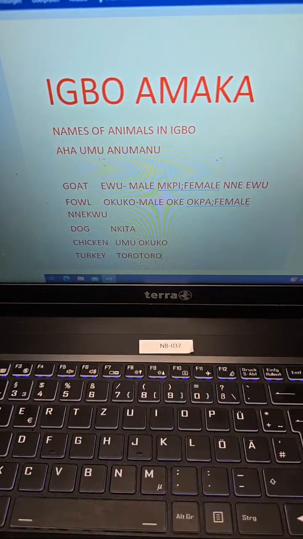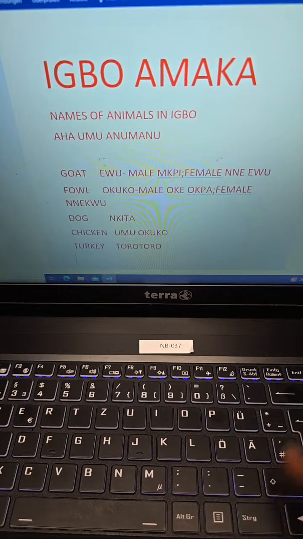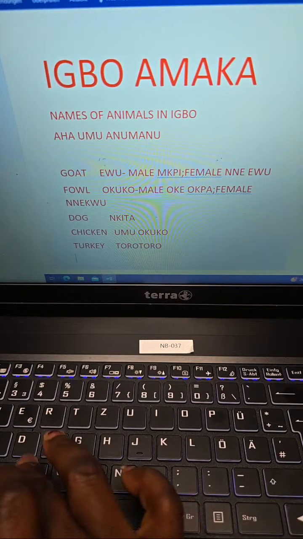Turkey, toro toro. Chicken, ụmụ ọkụkọ. Turkey, toro toro.